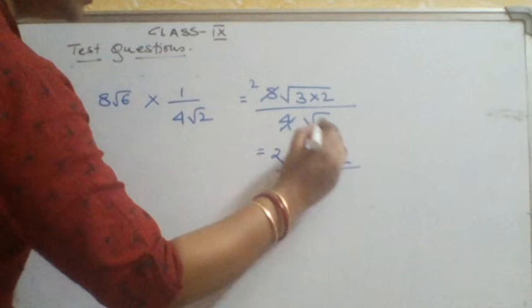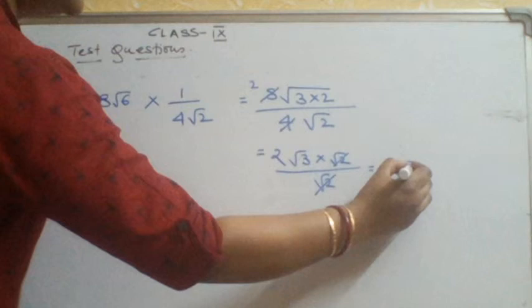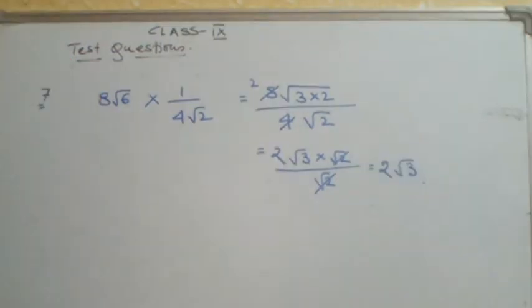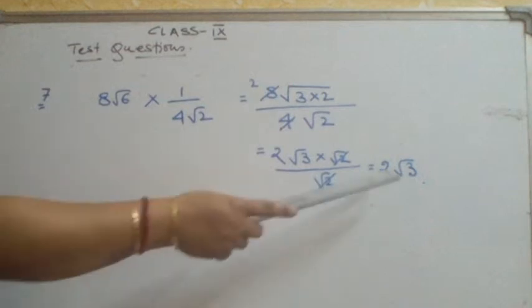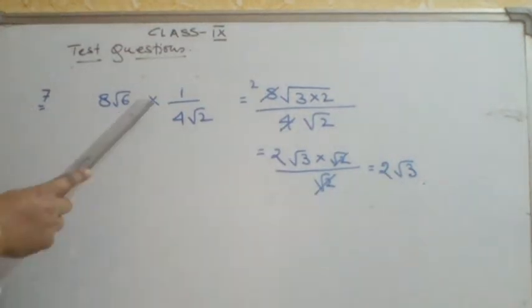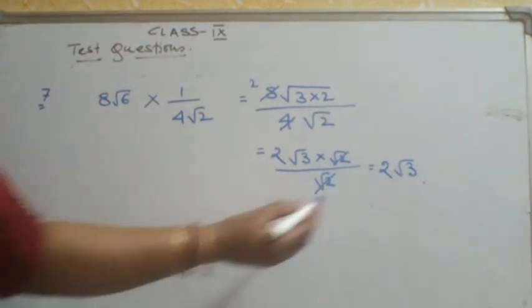So root 2 will get cancelled and your answer will be 2 root 3. 4 and 8 get cancelled, having this 2 as a rational number, and root 6 is root 3 into root 2. Root 2 gets cancelled, so you get root 3 left. This way, this number is an irrational number.